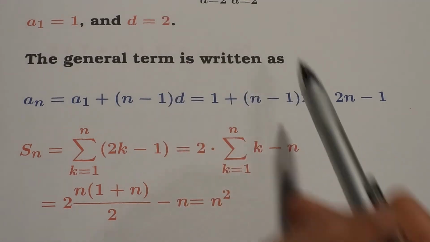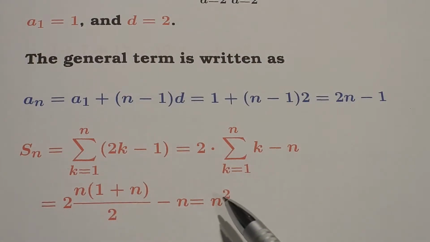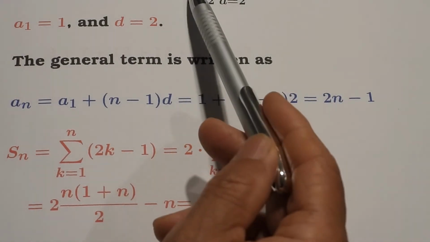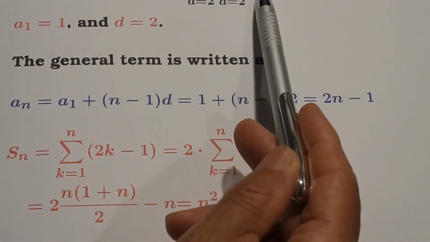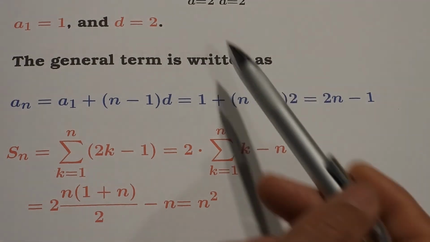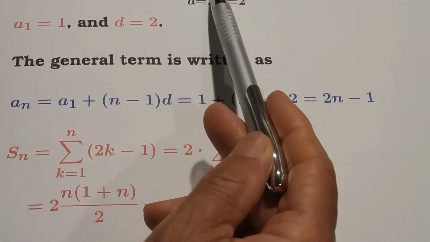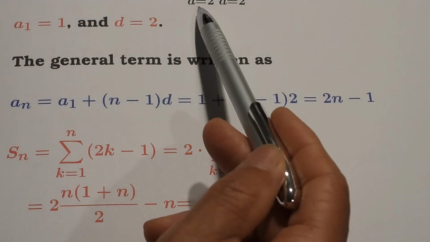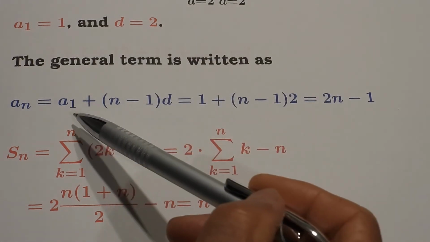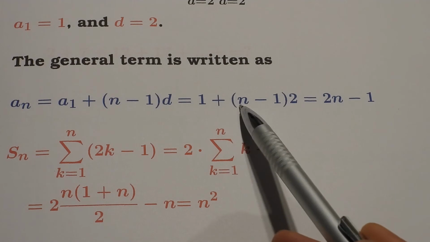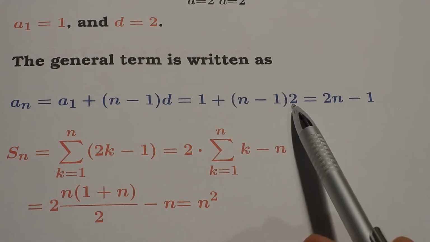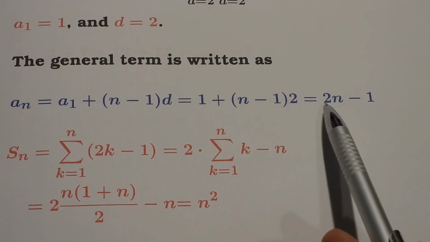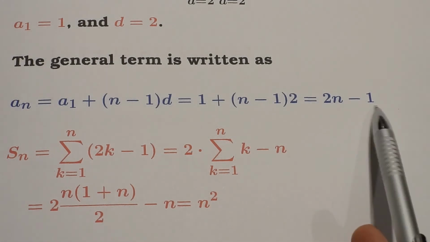Okay, just another example, right? When we have 1 plus 3 plus 5 plus 7, the nth term is given by 2n minus 1, because it increases by 2 each time. The first value is 1, and then n minus 1 times 2. This one is the starting, and then you simplify and we get 2n minus 1.